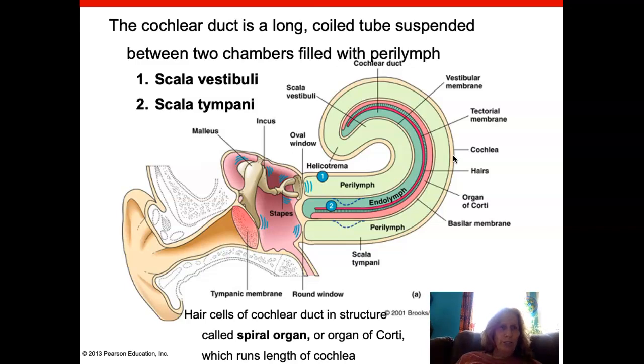So that's all we're going to say about equilibrium. Basically, there's rotational equilibrium with the semicircular canals and linear acceleration and gravity in the vestibule.